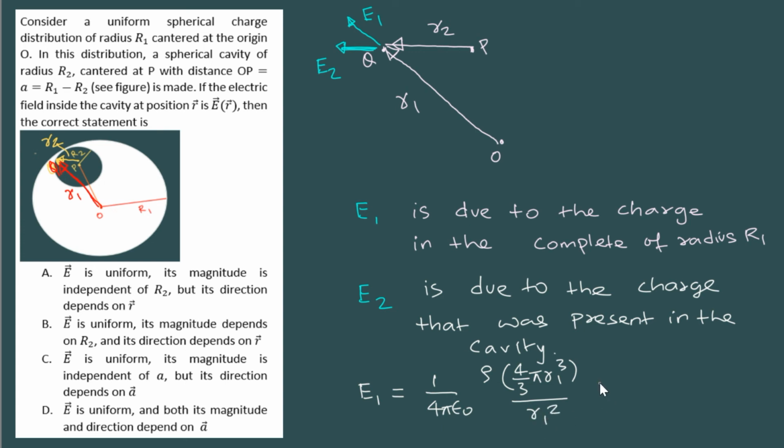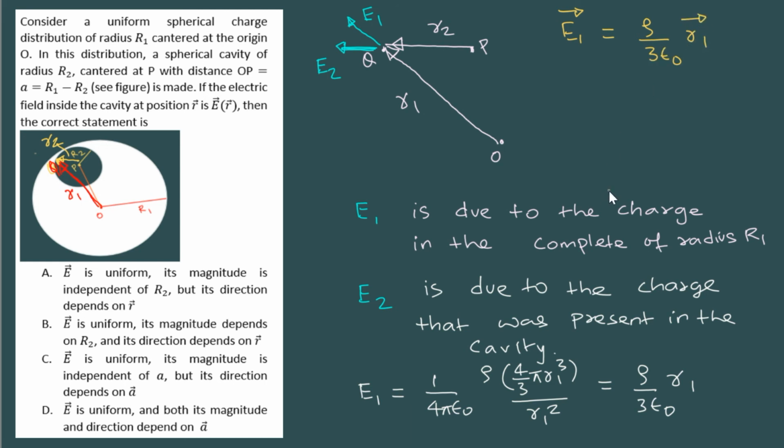Now if you closely look at this, 4 pi disappears. So I can write this as rho by 3 epsilon naught r1. Vectorially, E1 will be rho by 3 epsilon naught R1 vector.